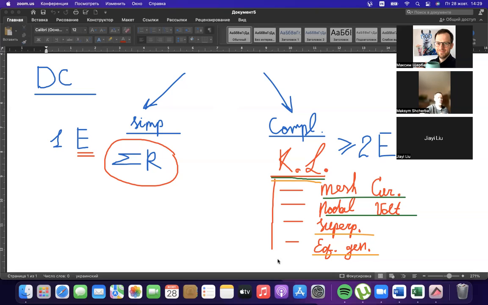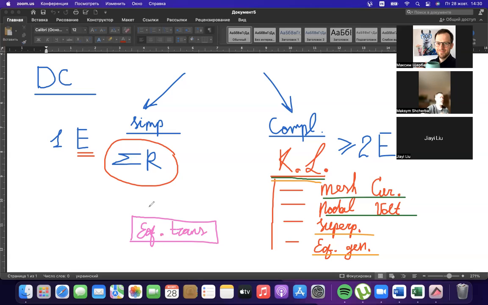Also, what do we have additionally? We have transformation of resistances, which we called, I think, equivalent transformations. It means that some parts of resistances we could change, we could substitute by another type of connection to simplify our system.